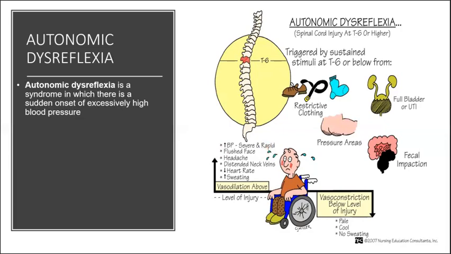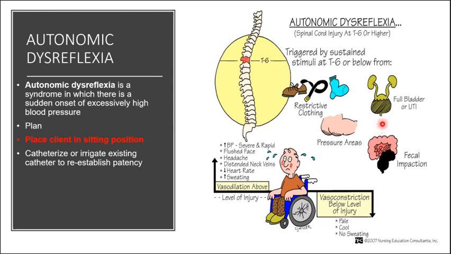In terms of our management for this client, in terms of our plan, we want to place the client in a sitting position. Again, you can see this is written in red. So you want to place the client in a sitting position before you do anything else. Then we can go ahead catheterizing him or irrigating an existing catheter in case it's as a result of an obstruction to the catheter or maybe a full bladder.